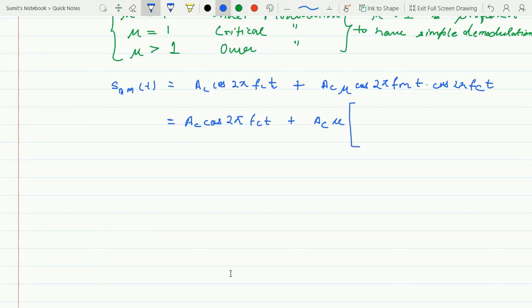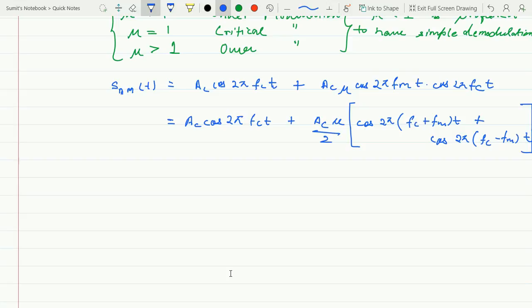Cos A cos B becomes cos(A plus B) plus cos(A minus B), by 2. So I'll take the 2 factor here. Cos(A plus B) would be cos 2 pi (F_C plus F_M) t plus cos 2 pi (F_C minus F_M) t. So this becomes your expression now.